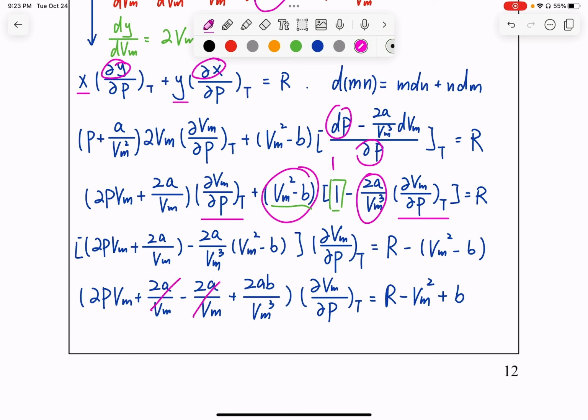So these two terms actually cancel out, and taking it together, we have an expression.